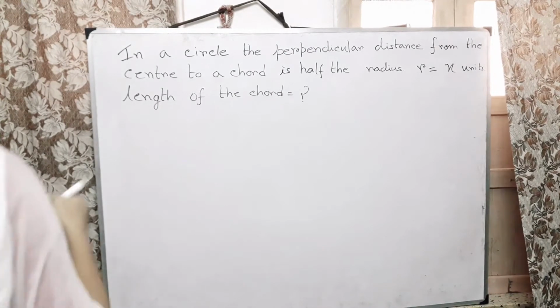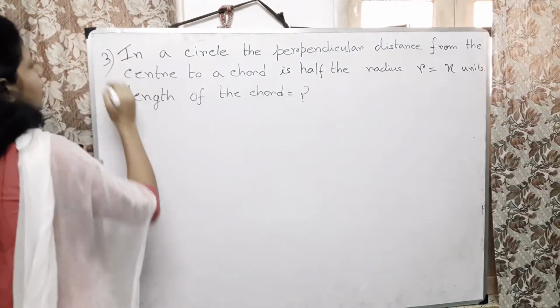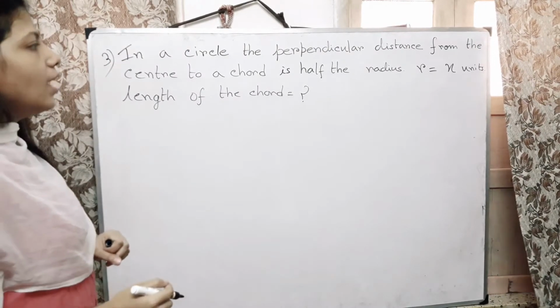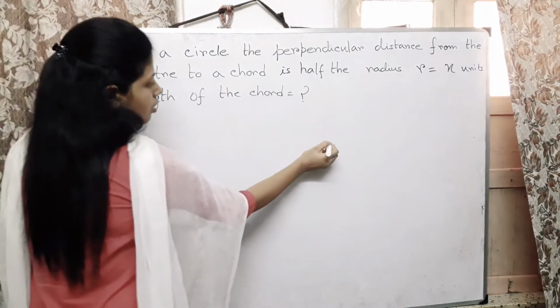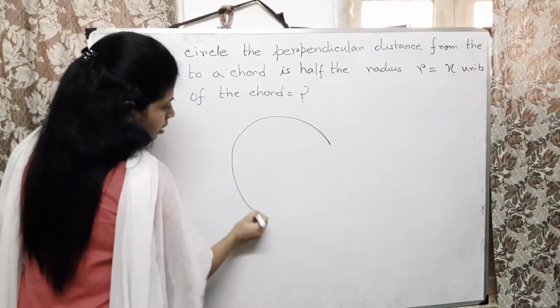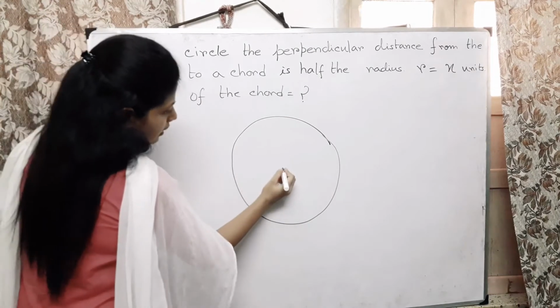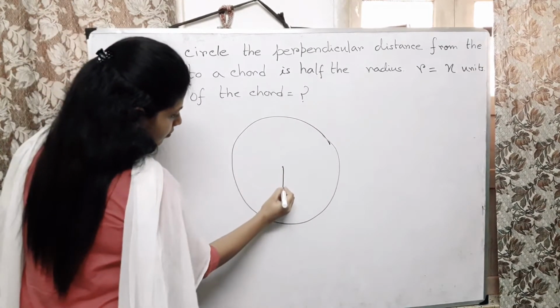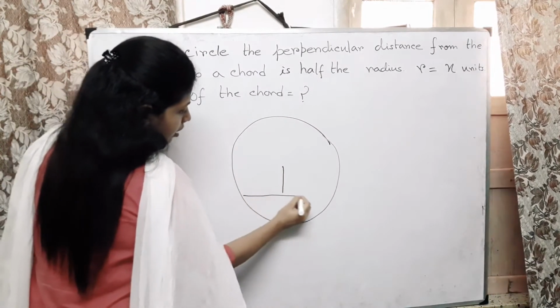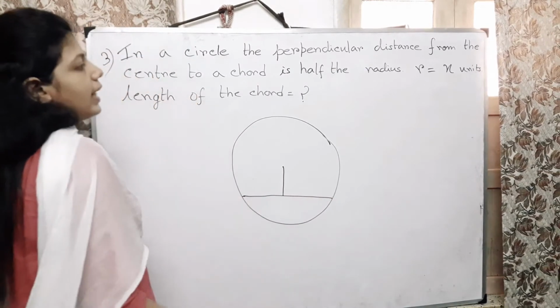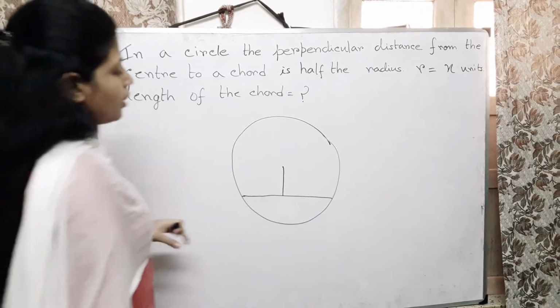Now the next one, sum number 3. In a circle, the perpendicular distance from the center to a chord is half the radius. It is given that r equals x units.